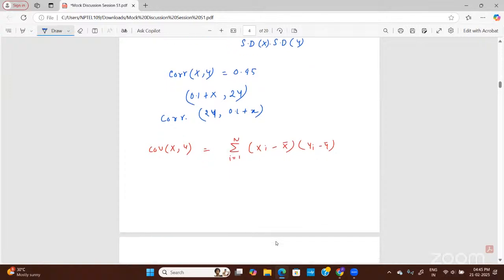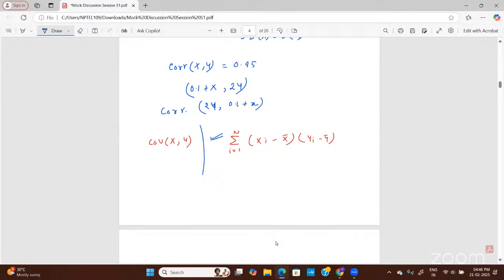So I am taking the numerator part only as of now. Focus on this first. This is the numerator part for calculating the covariance. What we are doing is adding some constant in x, and then multiplying the y values.